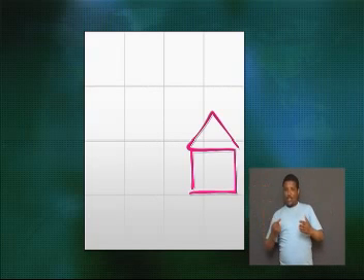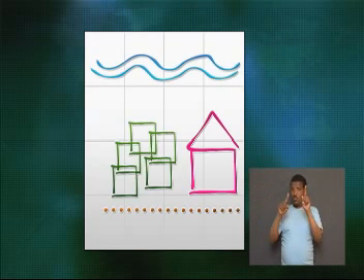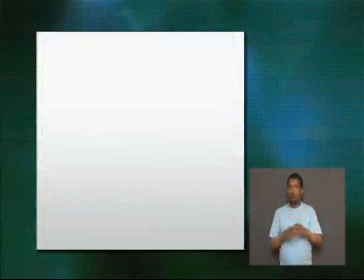Please watch carefully as the map is created on the screen. Now that I have finished my sketch map, I must make sure to create a key in the margin to identify the symbols that I have used.